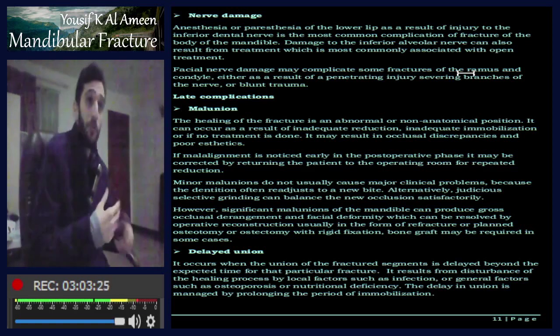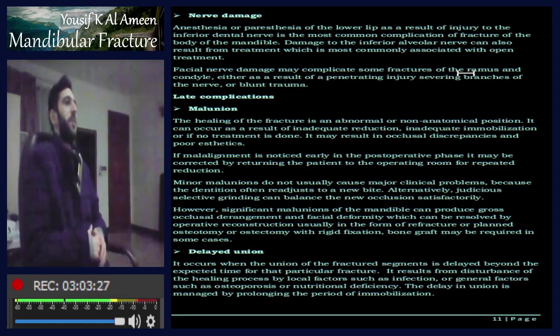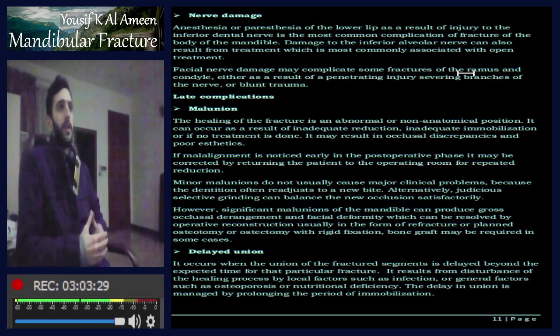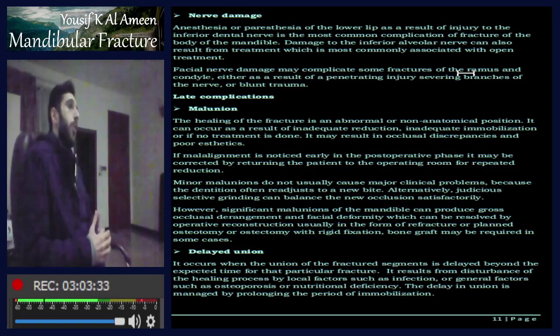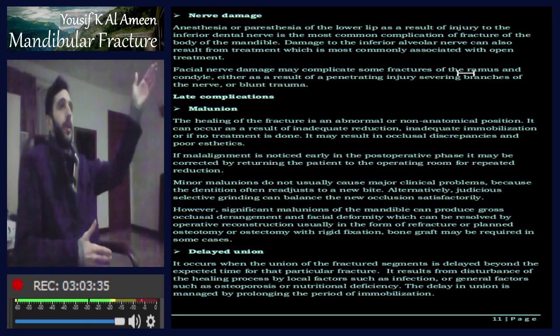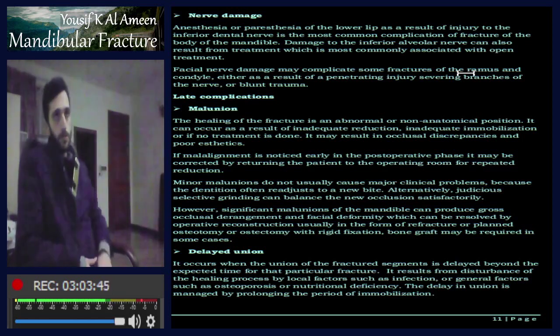The inferior dental nerve or inferior alveolar nerve is the most commonly affected in fracture of the body of the mandible. Damage to the inferior alveolar nerve can also result from treatment, most commonly associated with open treatment.